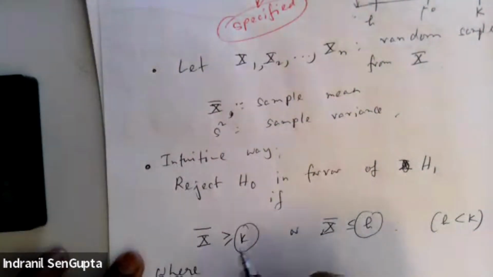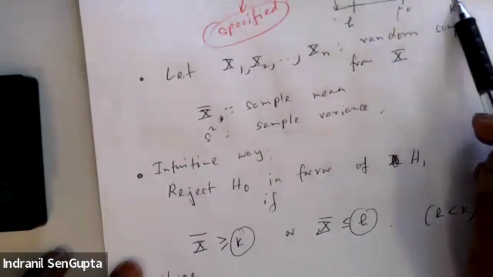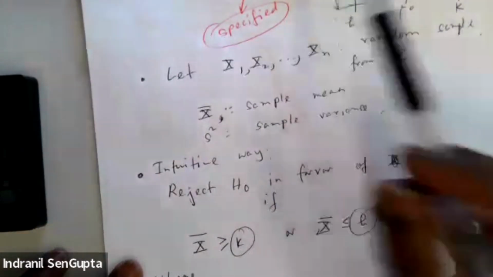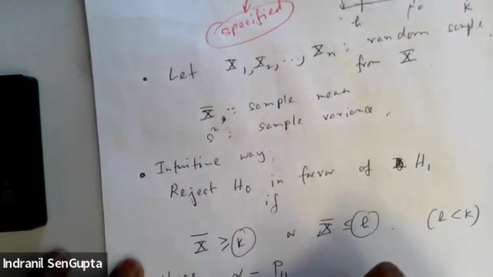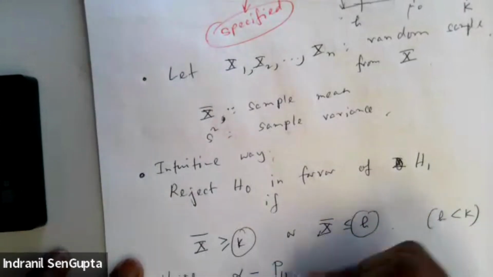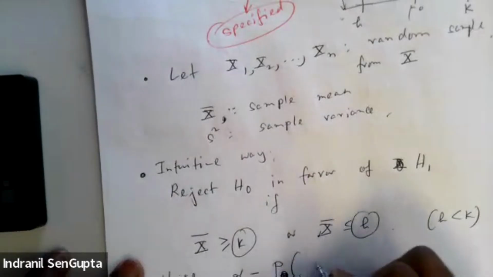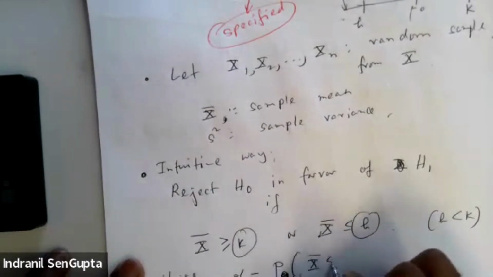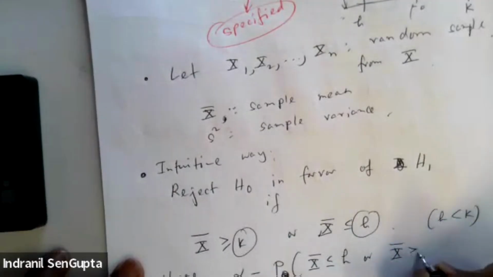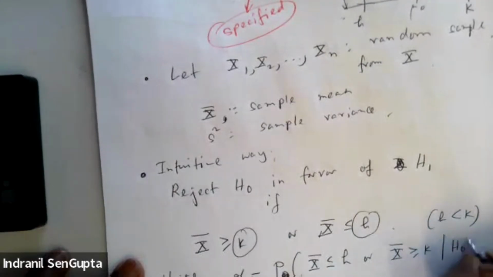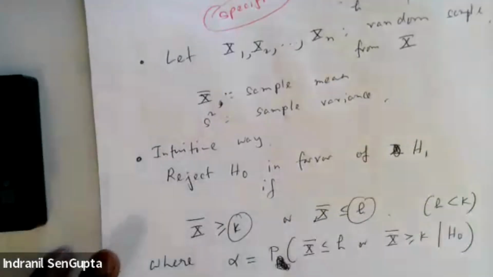We said that the probability that X bar is more than K or X bar is less than H is alpha. So alpha is the probability under the null hypothesis, H0. Another way of writing it is: X bar less than H or X bar bigger than K under the null hypothesis is alpha.